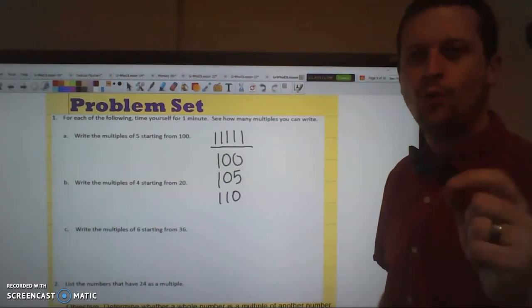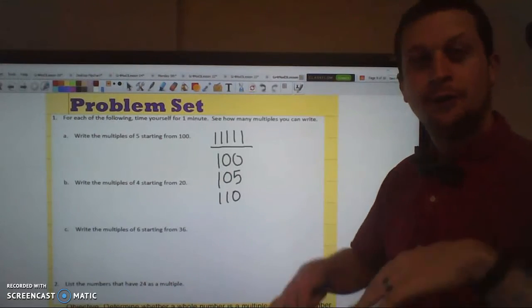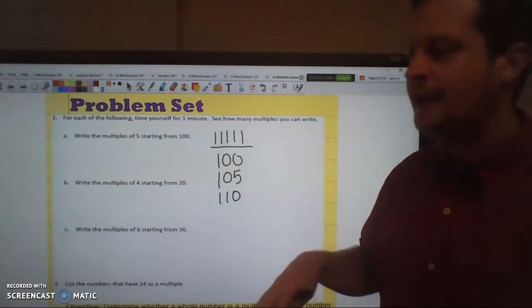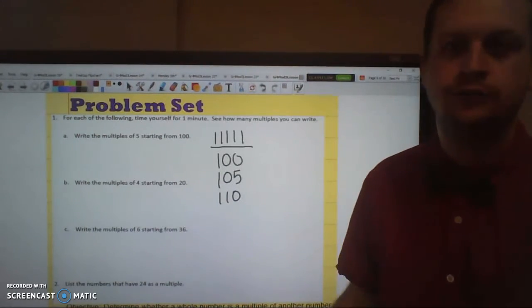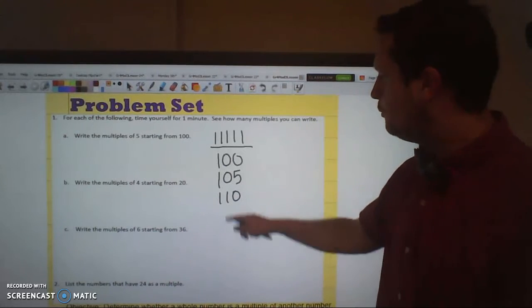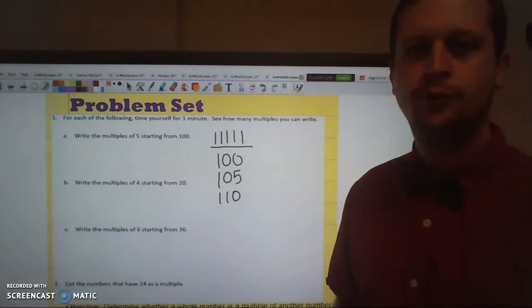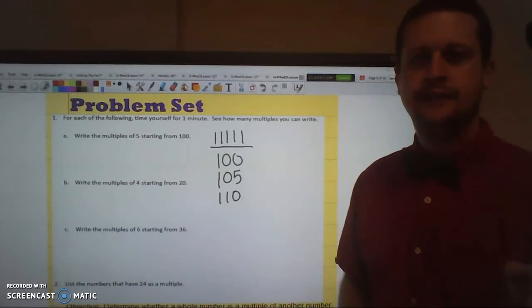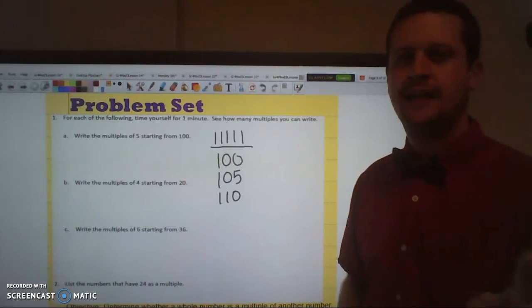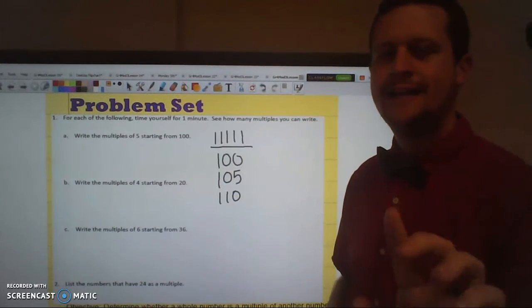Set that timer. When you get done with that timer, be honest. I know that you're not going to be able to get to 1,000 or 900, okay? So be honest, and I want you to tell me what number you made it to. So get that timer ready, and you got 60 seconds starting now.